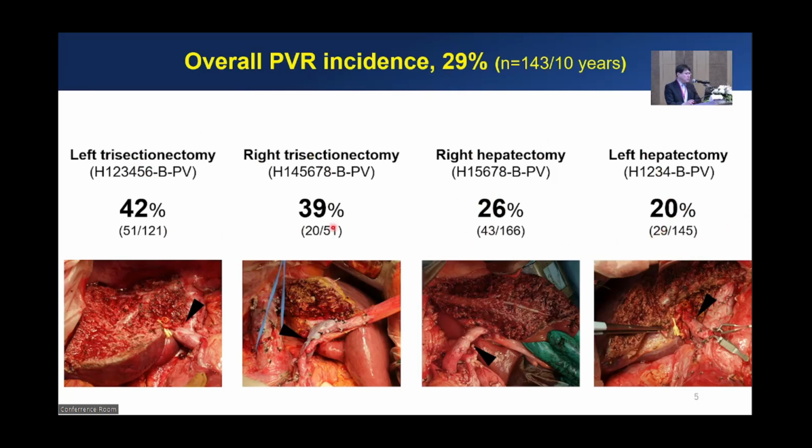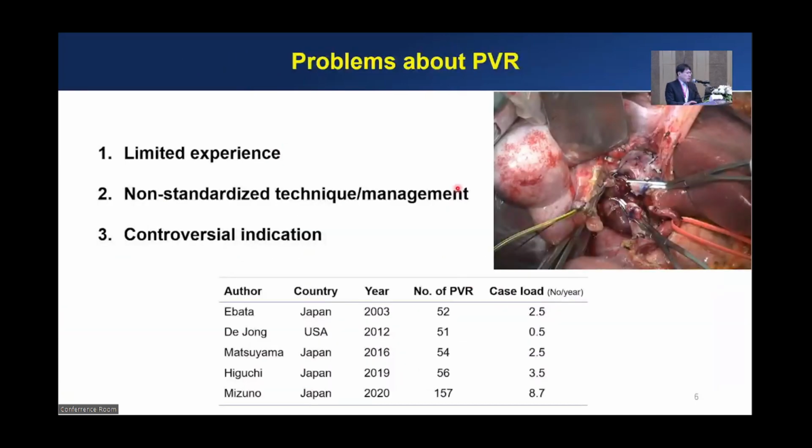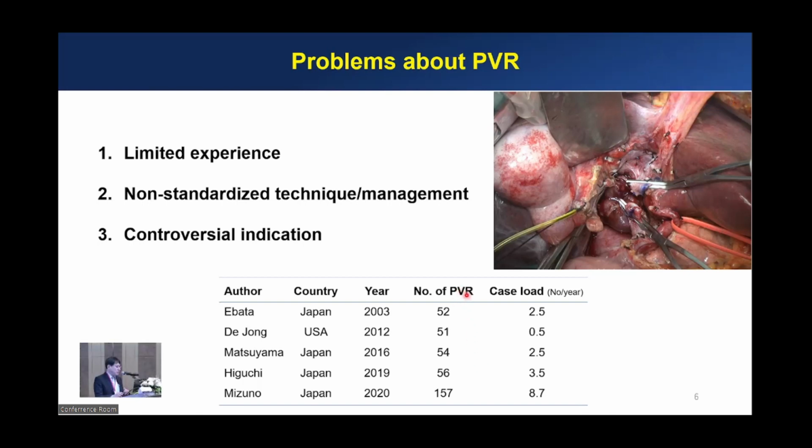This is about 40%. But we have some problems about portal vein resection. The first is that the institutional or personal experience of portal vein resection is still very limited. This chart shows a summary of the literature and the number of portal vein resections.